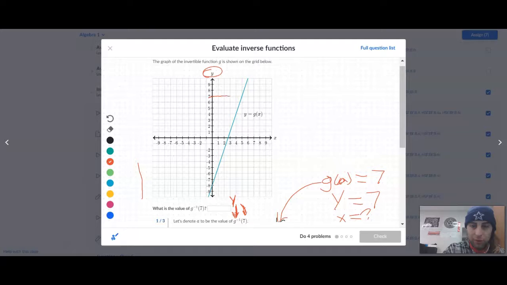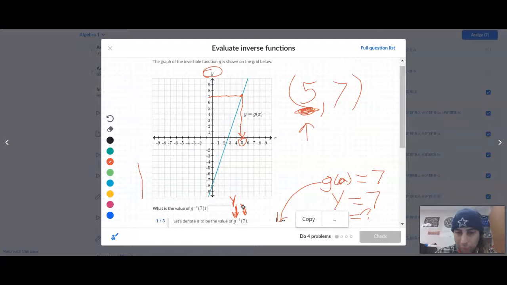I'm going to go over to the function. Now, when the y value is 7, go straight down. What's my x value? 5. So when y is 7, my x value is 5, and that's my answer.